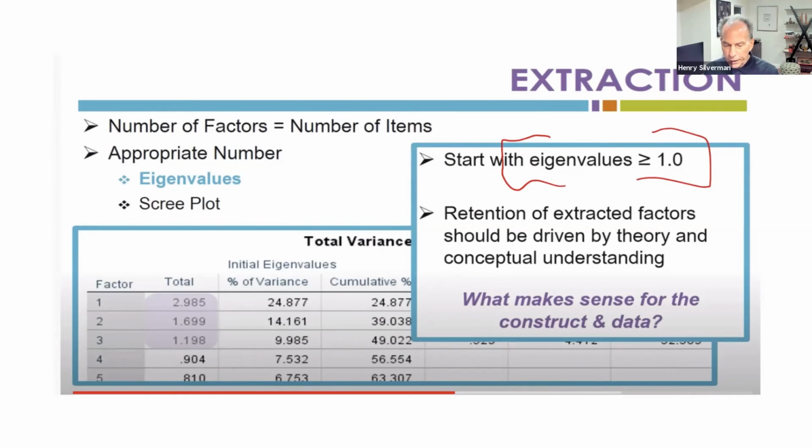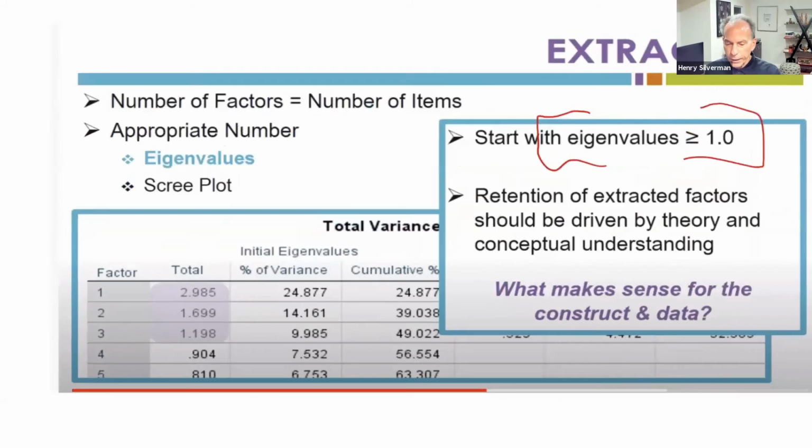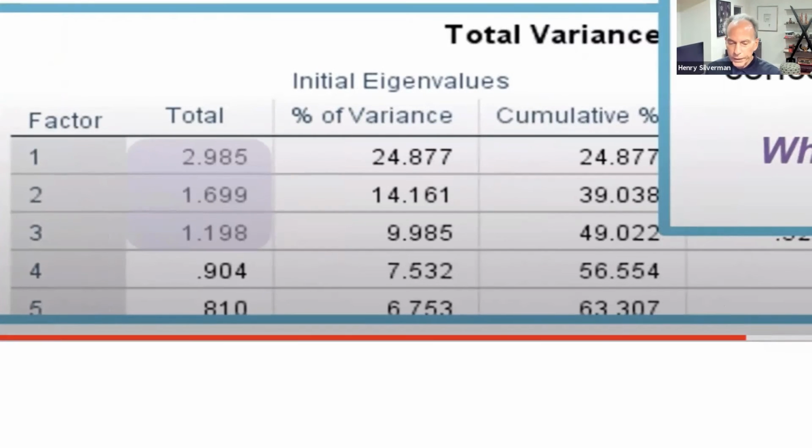So in this example diagram, we see here for factor 1, the total eigenvalue is greater than 1, and as well for these factors. But there are some factors with eigenvalues less than 1.